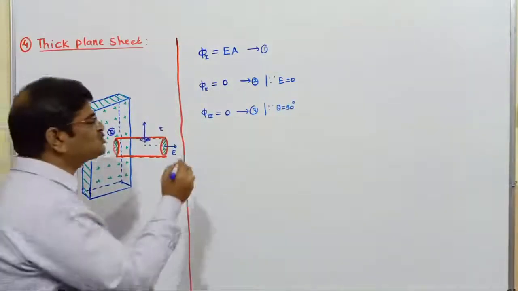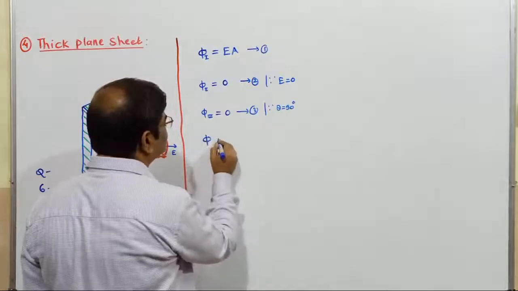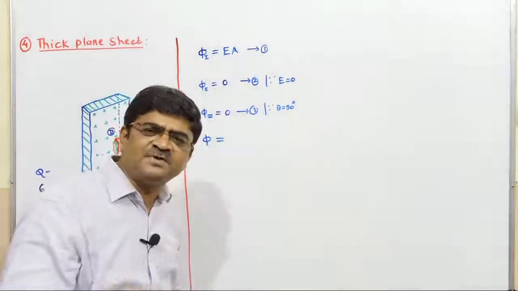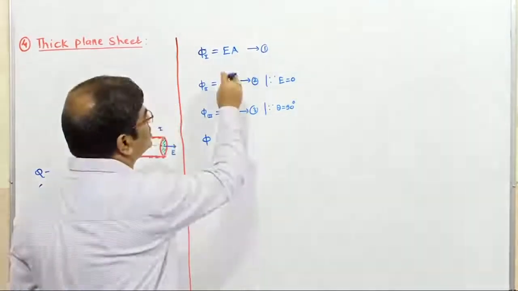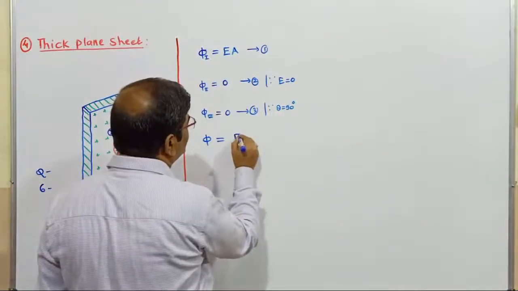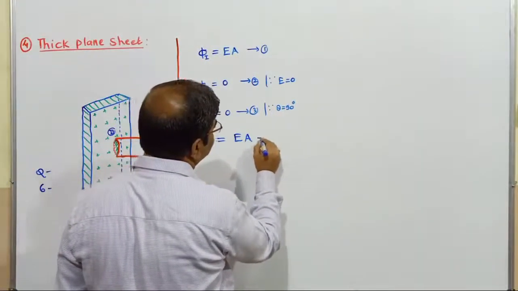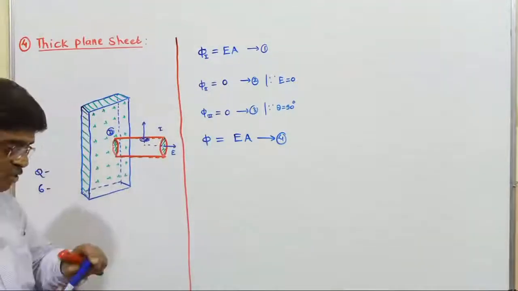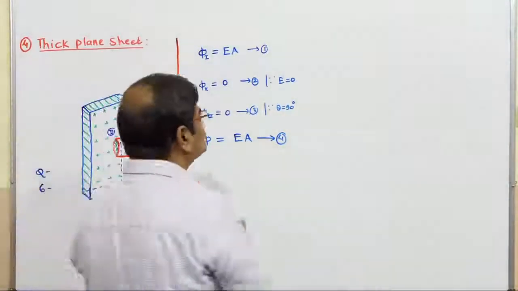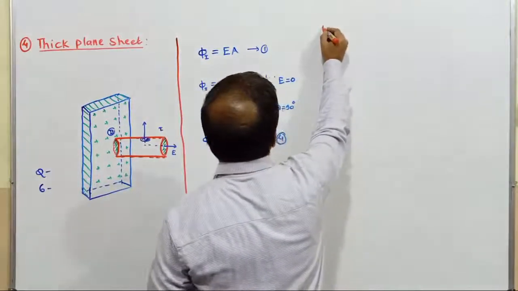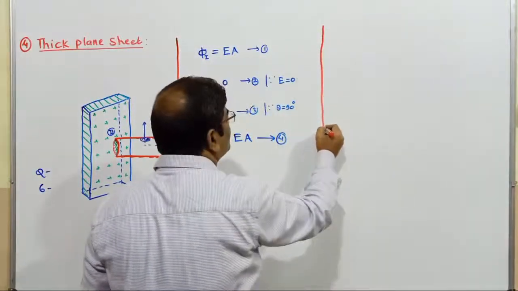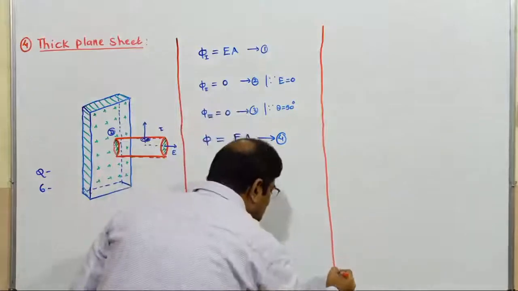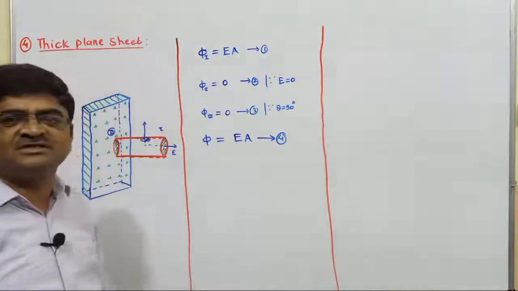Now the net flux through the Gaussian I can work out as phi 1 plus phi 2 plus phi 3. These two are 0. So you get EA, that's it. This is our equation number 4. I got flux through the first part, the second part, the third part, and also the net flux through the cylindrical Gaussian.